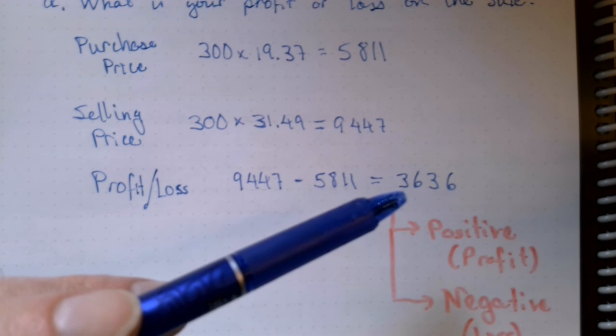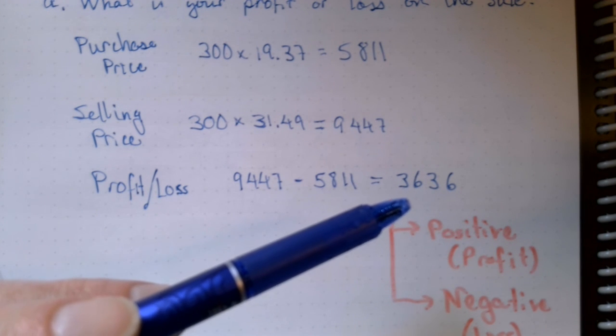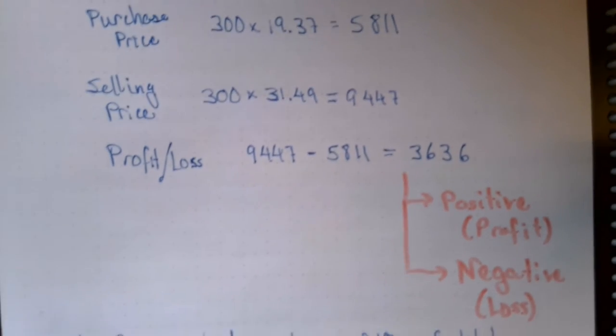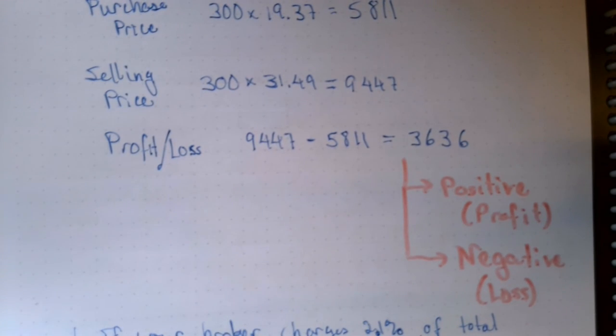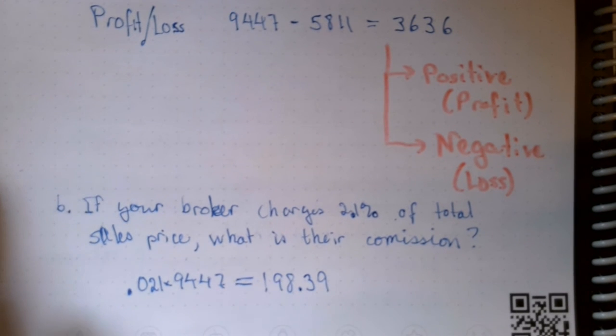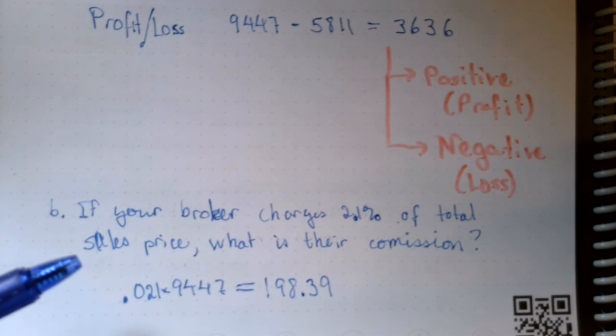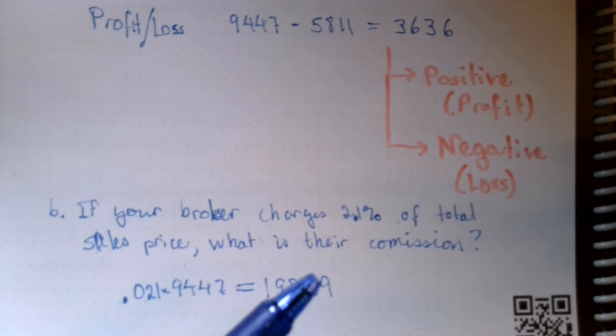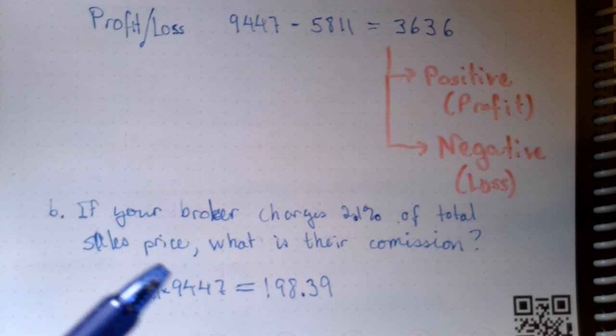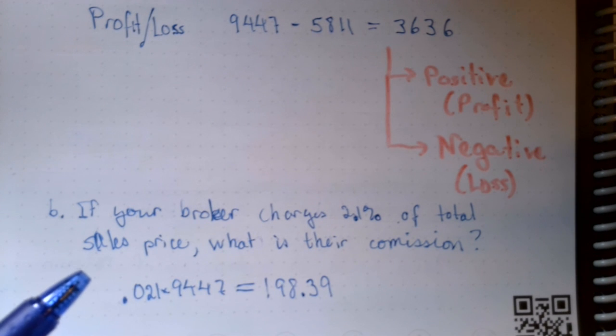If this number is positive, you have gained money, you've made a profit. If that number is negative, you have lost money. And of course, remember, you have to work through a broker. Your broker is going to charge a commission for doing the work of buying and selling the stock for you. And your broker's commission is usually going to be a percentage of the sale price.